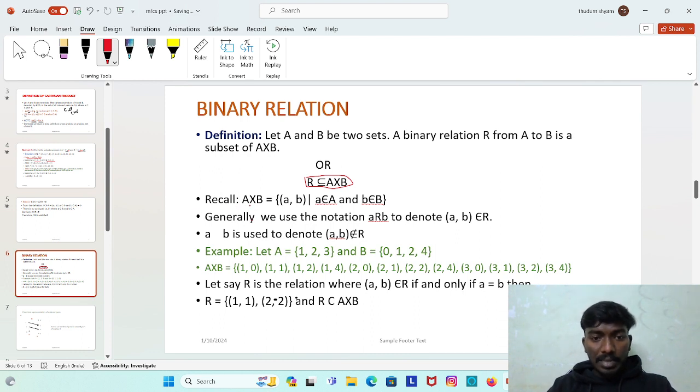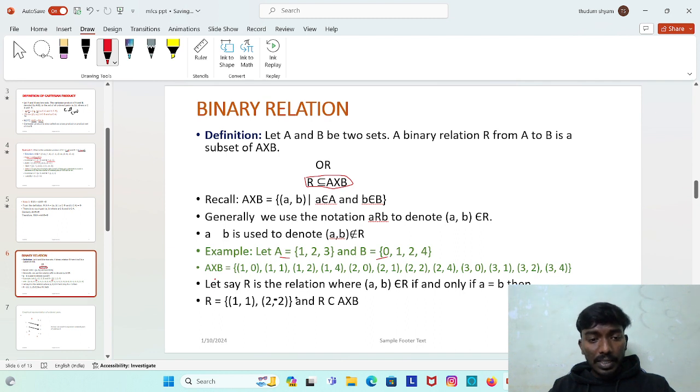Here A cross B is the set of (a, b) where a belongs to A and b belongs to B. Generally we use the notation R is a relation on A, to denote that (a, b) belongs to the relation. Example: let us consider two sets A and B, where A contains the elements 1, 2, 3 and B contains 0, 1, 2, 4.